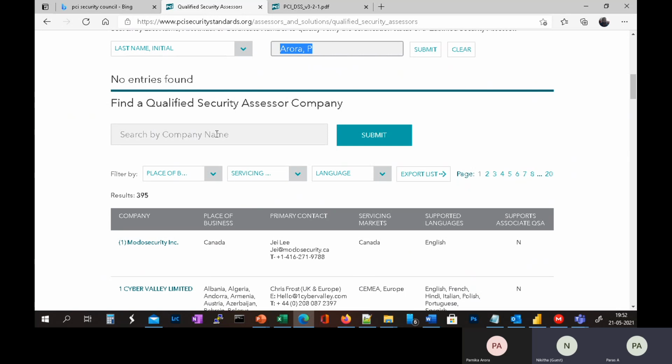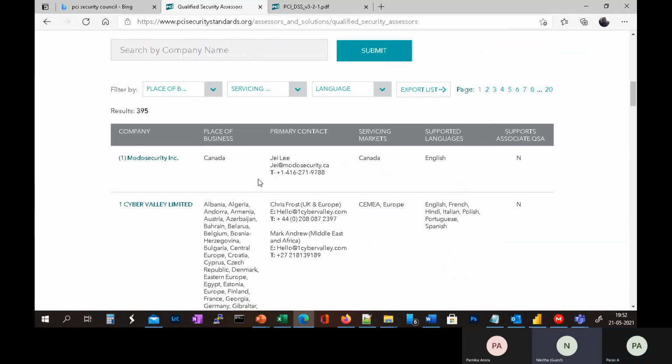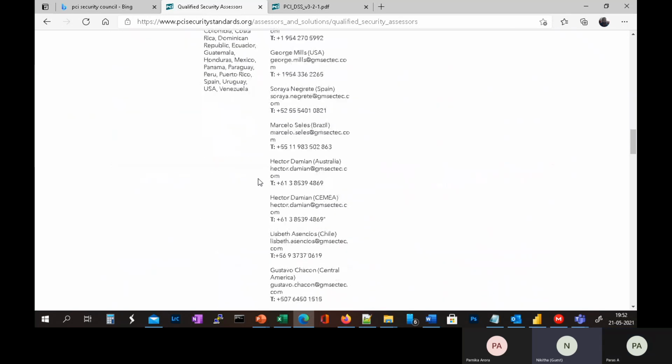So my license is tied to the company as well. The moment I joined PwC, since PwC was not a QSA organization, my license expired. So our license will stay only as long as we work with a company that is a QSA? Yes. Perfect. Got it.